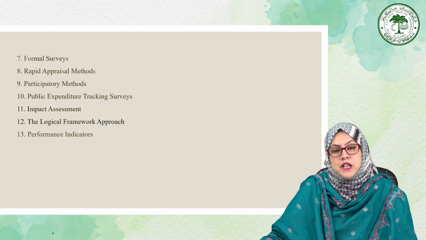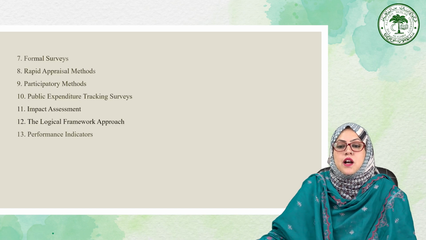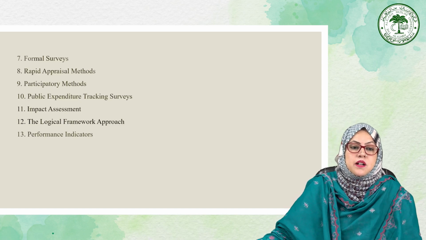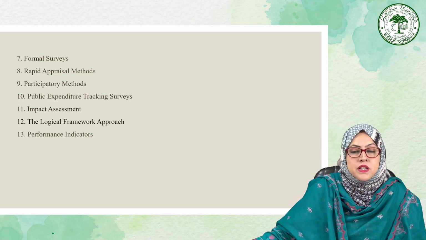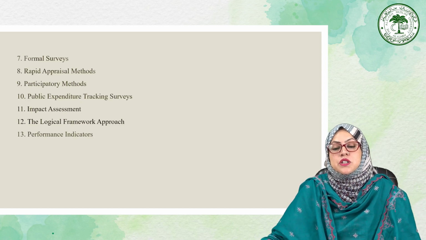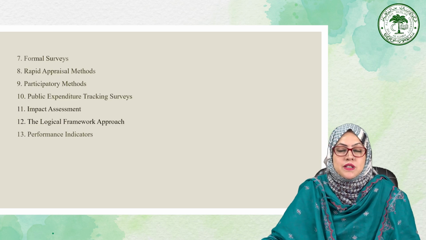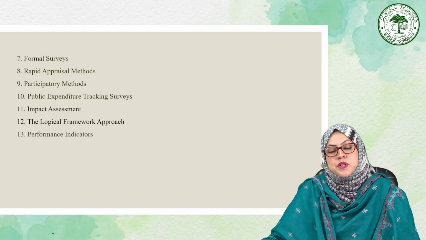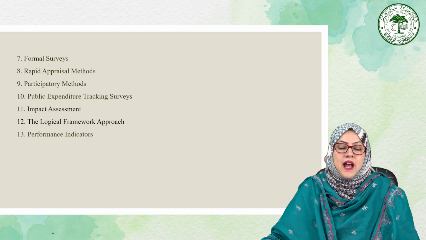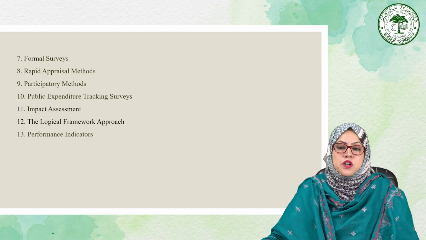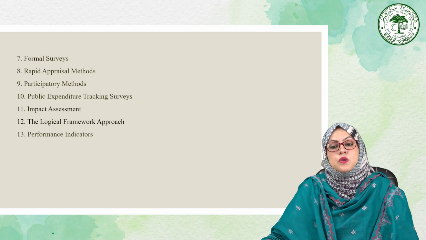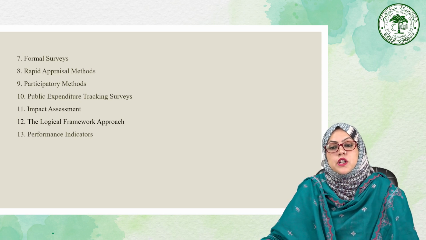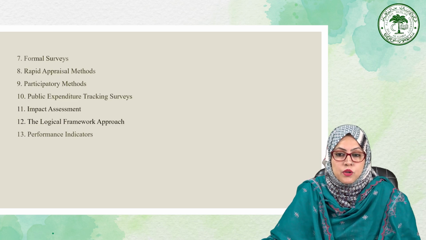Then there are the public expenditure tracking surveys, also known as PETS. They track the flow of public funds and determine the extent to which resources actually reach the target groups. The survey examines the manner, quantity, and timing of release of resources to different levels of government, particularly to the units responsible for the delivery of social services such as health and education.